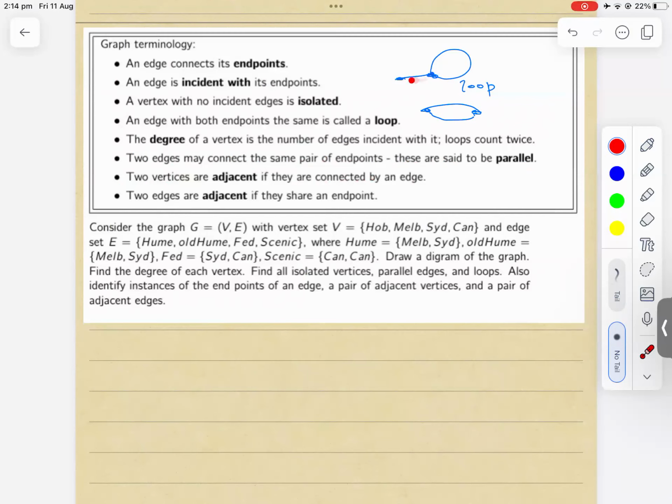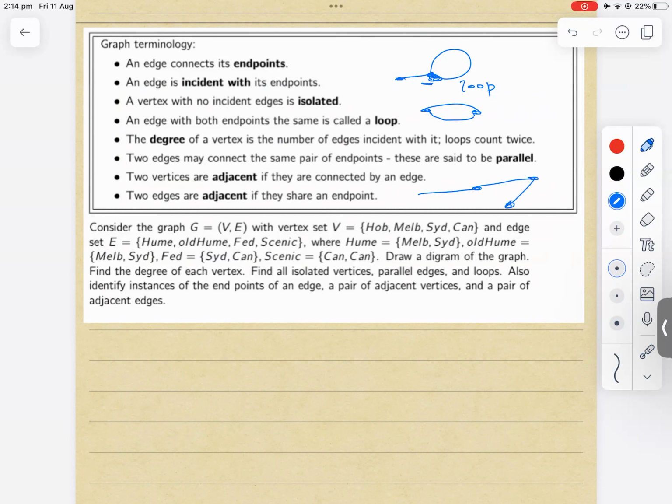So this and this vertices are adjacent, and two edges are adjacent if they share an endpoint. So this edge, which is a loop, and this edge are adjacent, or neighbors, because they share one endpoint here. Okay, so they have something in common.